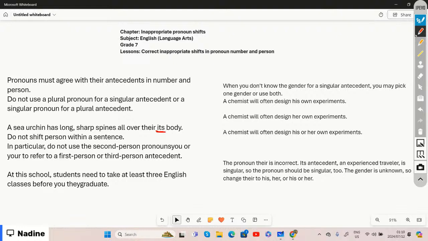It refers to the sea urchin. We don't say their body because then we would say sea urchins. We are referring to one sea urchin, so we say over its body. We don't use their. They refers to more than one.